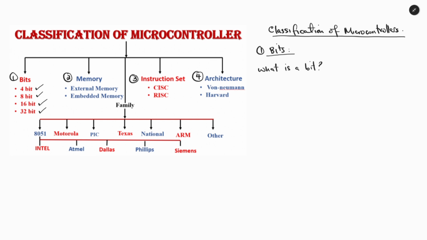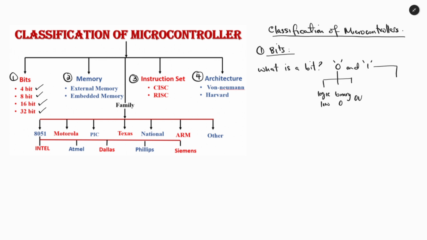A bit represents a state, logic 0 or logic 1. In most cases, we have the term logic low, the term binary 0, and a voltage which is towards 0 volts.